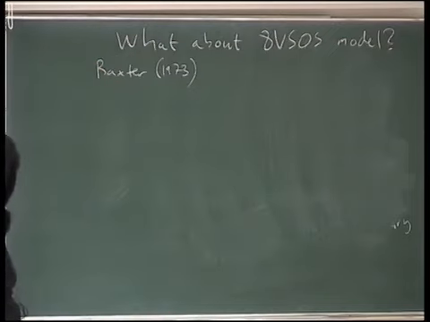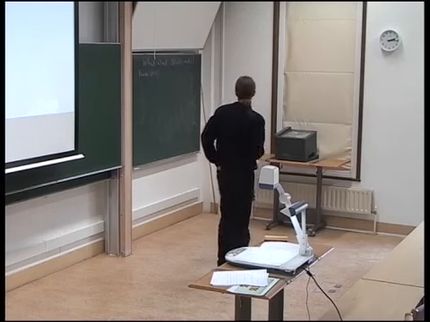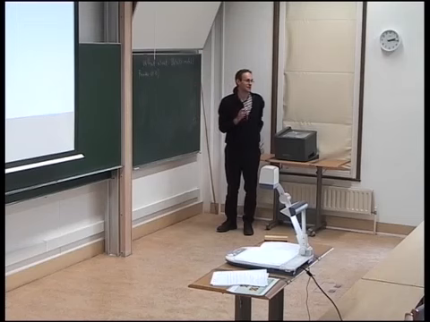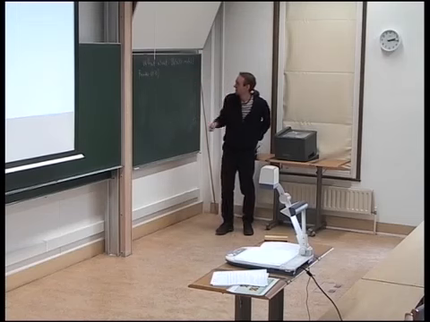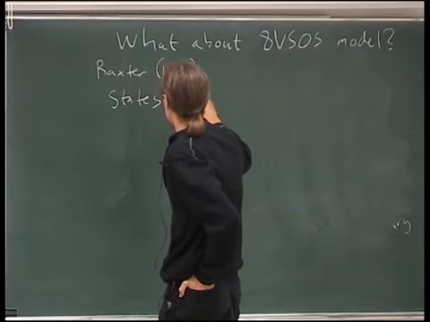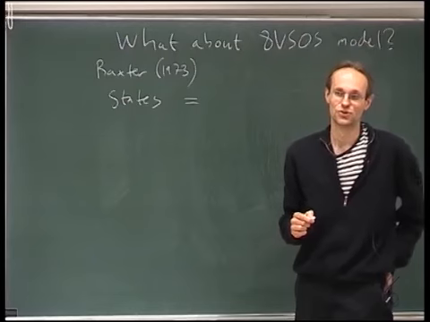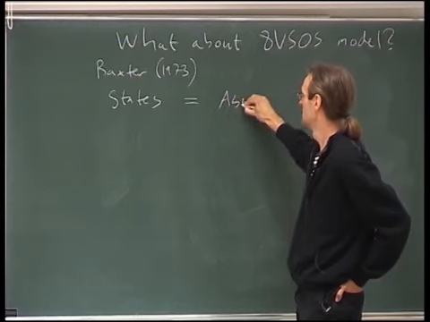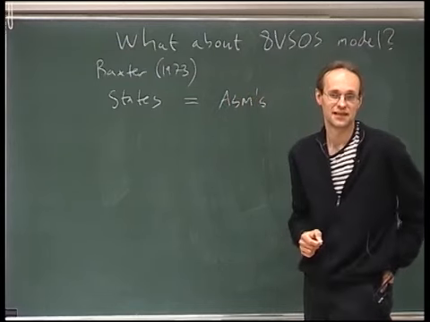And that's a model that, in some sense, is very much like the 6-vertex model. It has exactly the same states as the 6-vertex model. So in particular, if you have these domain wall boundary conditions, you can still identify states with alternating sign matrices.